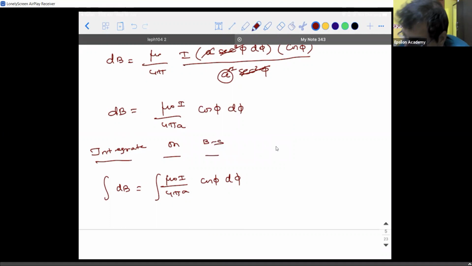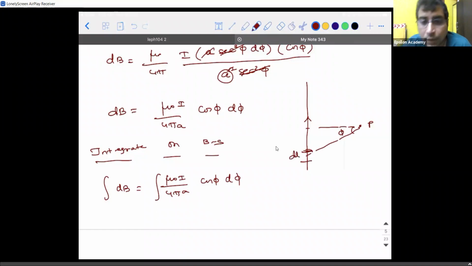Okay. So I'm redrawing the first diagram. I have a current carrying element, point P here. This is phi. This is dl.